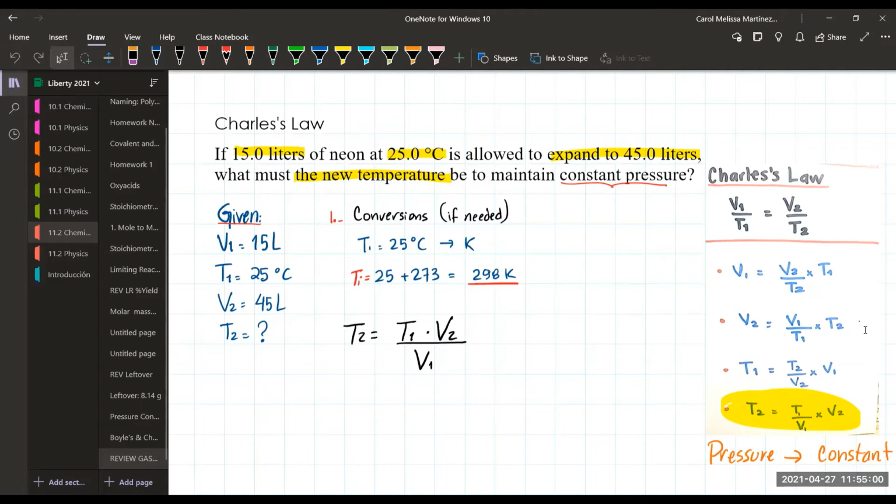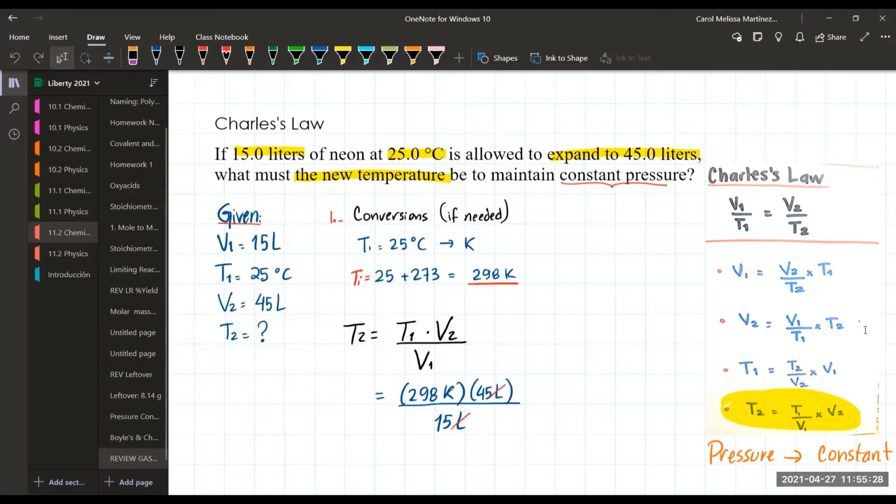And then we substitute by the givens that we have. The initial temperature in Kelvin, because that's why we did that conversion. So we say 298 Kelvin times the second volume, that is 45 liters, divided by the initial volume, that is 15 liters. This allows us to cancel the liters.